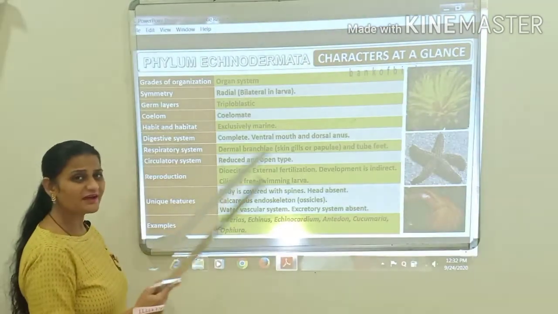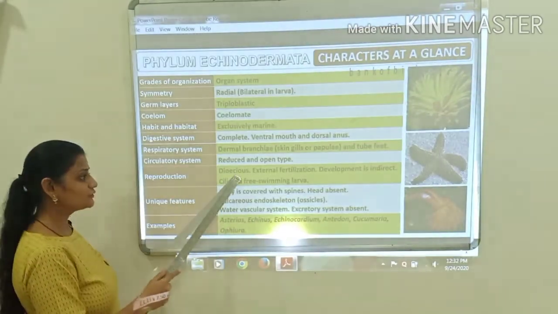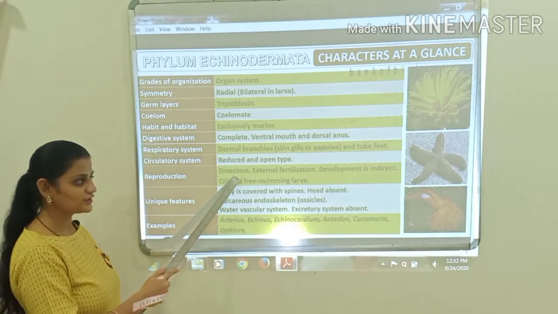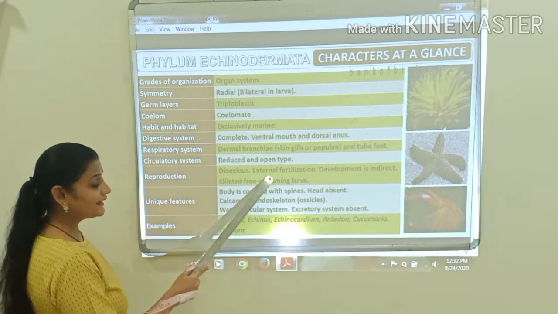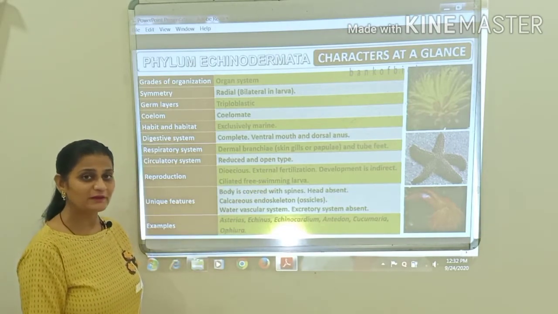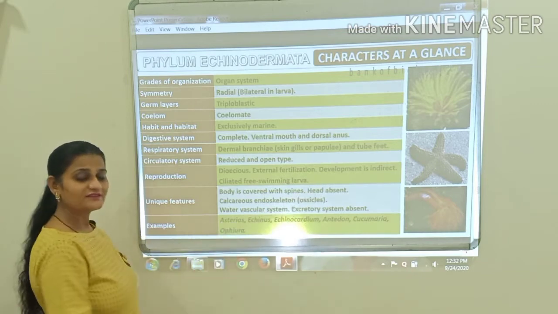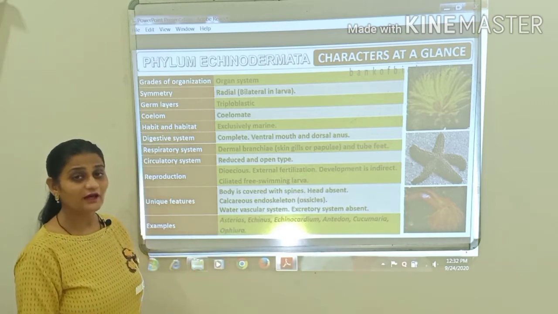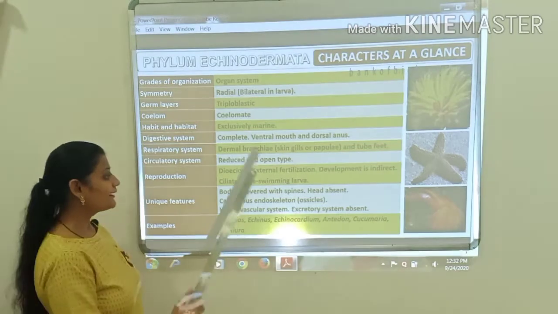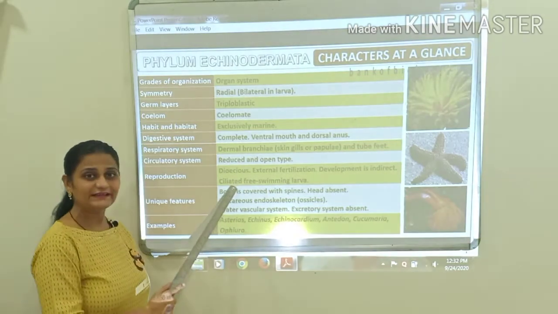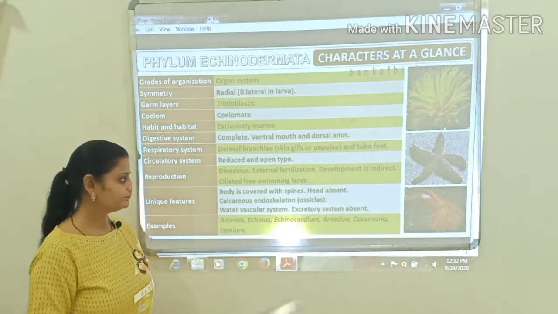Reproduction, organisms are dioecious. Okay, so reproduction is the sexual reproduction and external fertilization takes place. Development is indirect, that means the larval stages are produced and the larva is ciliated and free swimming.